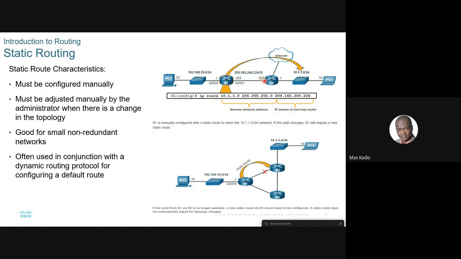So I put this IP address here. So this is how we manually add a remote network to a router's routing table. So have a look, very important, read, check, and we continue.